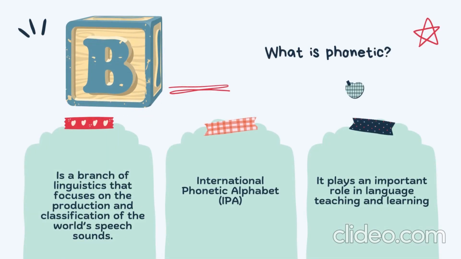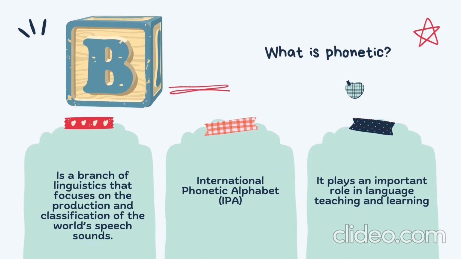Phonetics is a branch of linguistics that focuses on the production and classification of speech sounds. The production of speech looks at the interaction of different vocal organs, for example the lips, tongue, and teeth, to produce particular sounds.